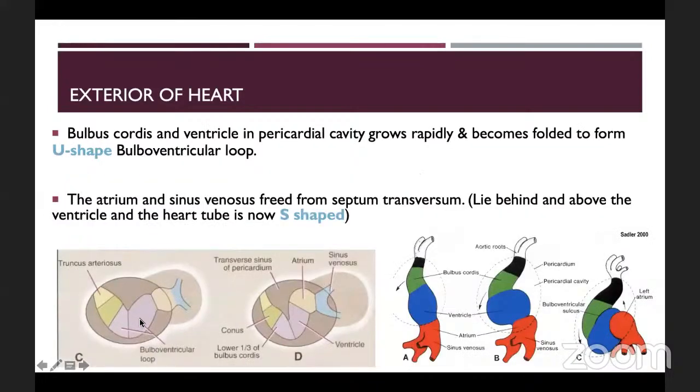The bulbus cordis and ventricle grow rapidly within the pericardial cavity and become folded to form a U-shaped bulboventricular loop. The atrium and sinus venosus are freed from the septum transversum, which lies behind and above the ventricle, and the heart tube is now S-shaped.